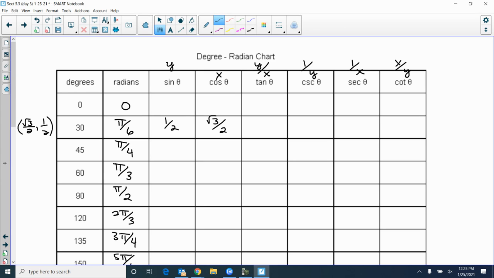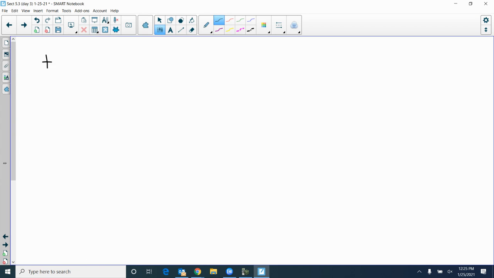But the tangent of 30 is y over x. The y coordinate is 1/2, right? The x coordinate is square root of 3/2. What's that going to reduce to? That's good practice for you. What's that going to equal?